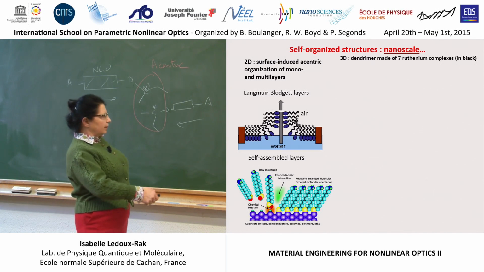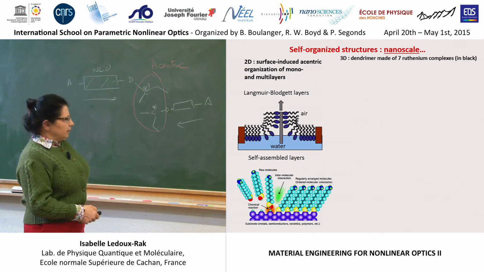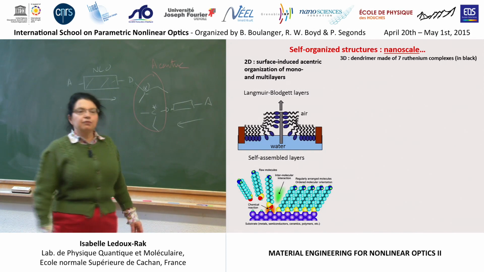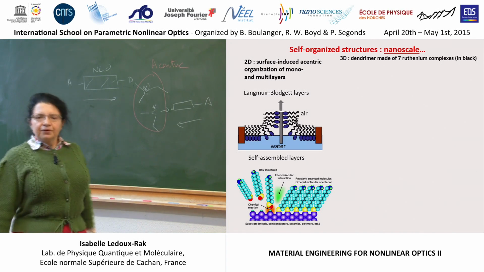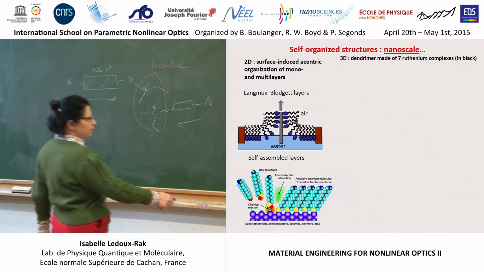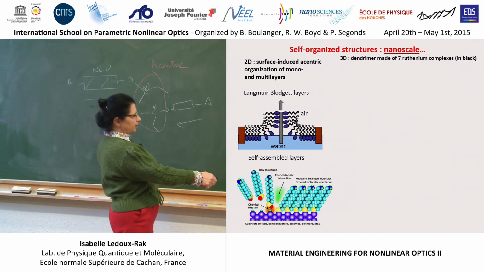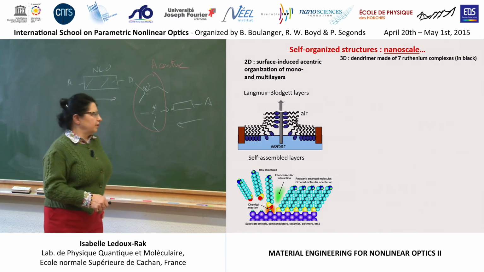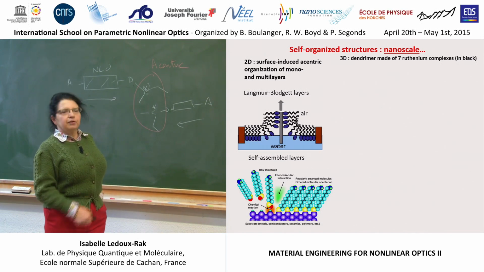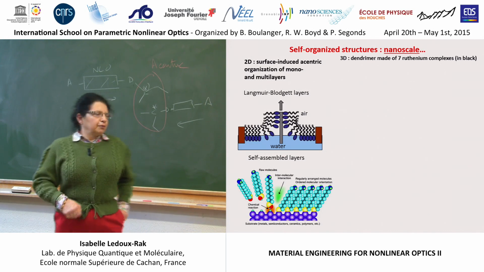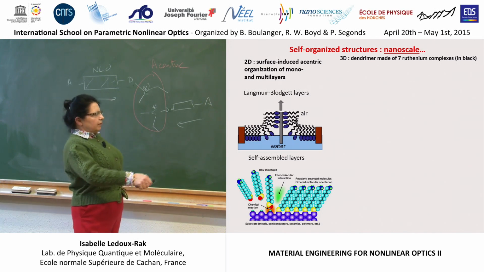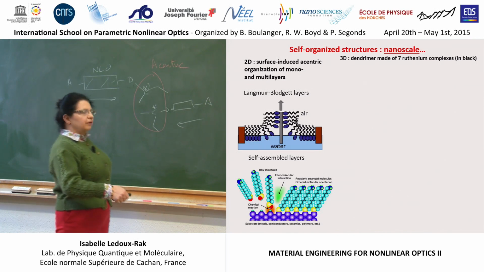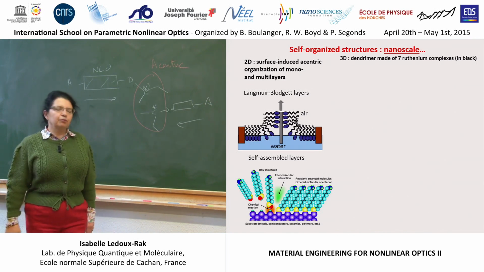Self-assembled layers are more stable because the principle is based on a chemical reaction between atoms on a surface. For example, you may start from silicon or silica and perform a reaction with some reactive molecule. You can do it with a silicon derivative, or with a sulfur derivative on gold, and so on. And you may have this kind of self-assembled layer at the two-dimensional scale.